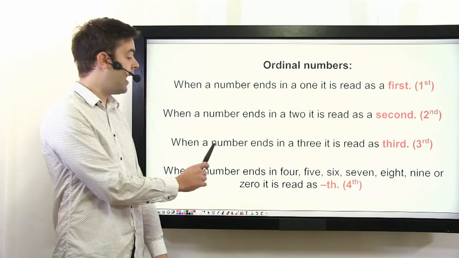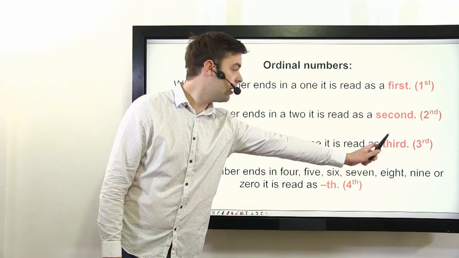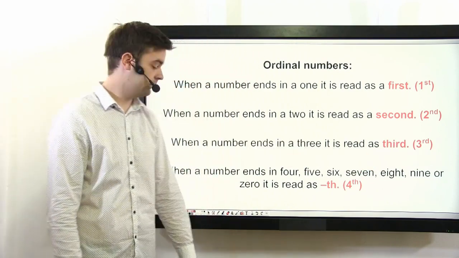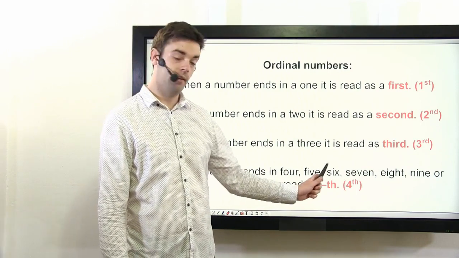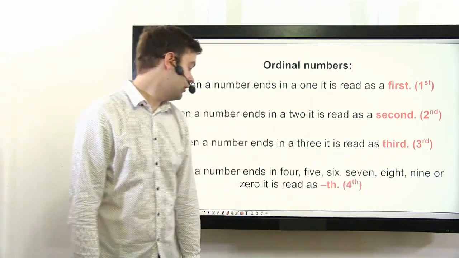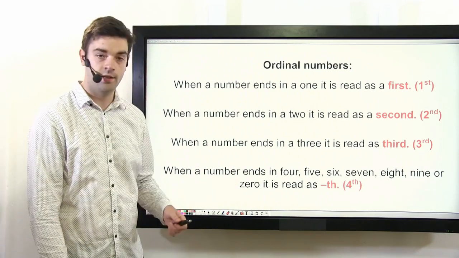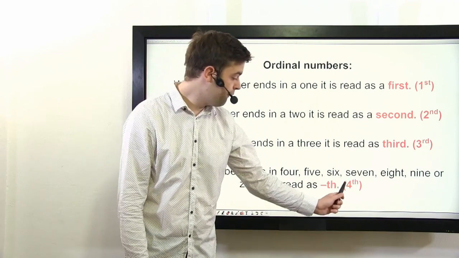When a number ends in a 3, it is read as third. And when a number ends in a 4, 5, 6, 7, 8, 9, or 0, it is read with th. So, for example, fourth.